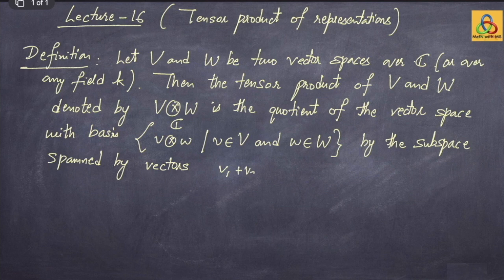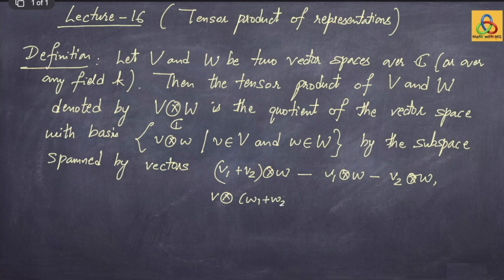Consider v1 plus v2. This is a vector in V, and then consider this symbol (v1 plus v2) tensor w. And from that you subtract these vectors: minus v1 tensor w minus v2 tensor w.